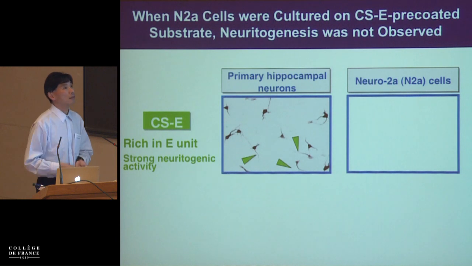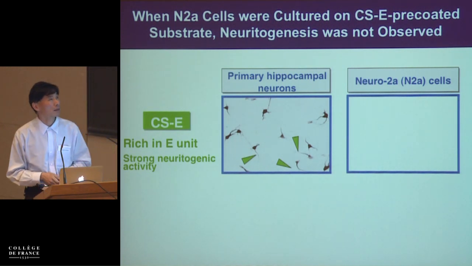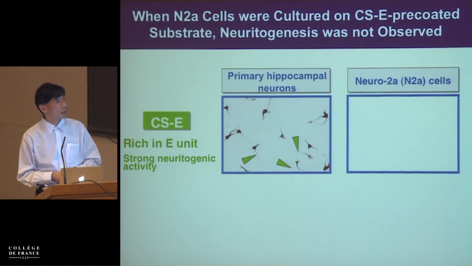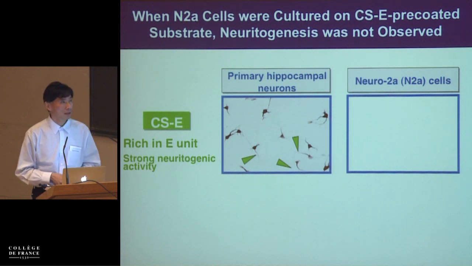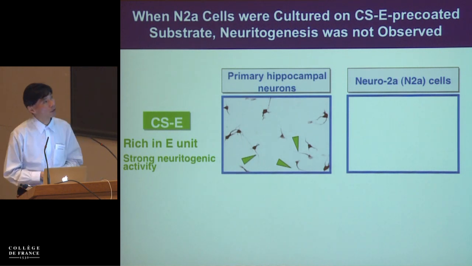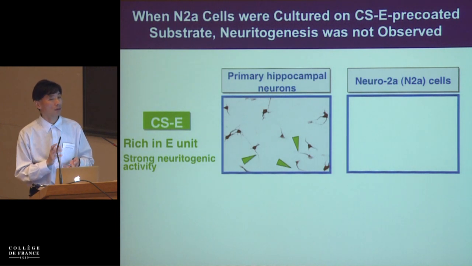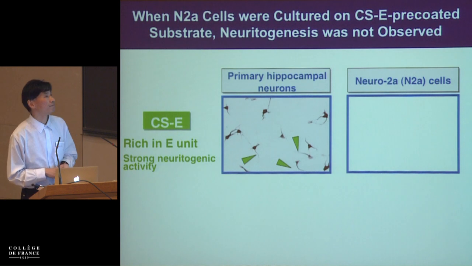So at first, we attempted to uncover the mechanism underlying chondroitin sulfate E-mediated neurogenesis using neuroblastoma cell line Neuro2A cells instead of primary hippocampal neurons, because Neuro2A cells differentiate and extend neurites in response to serum deprivation.